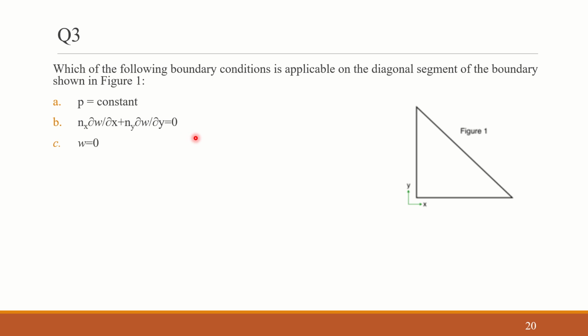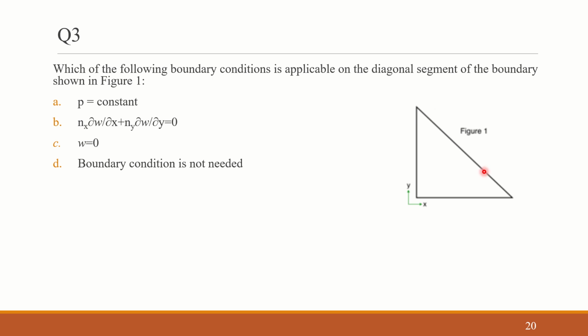Option C, w equal to 0. And option D, boundary condition is not needed. So this is the diagonal segment, and which boundary condition is applicable?